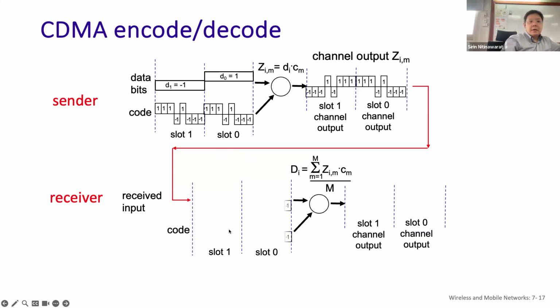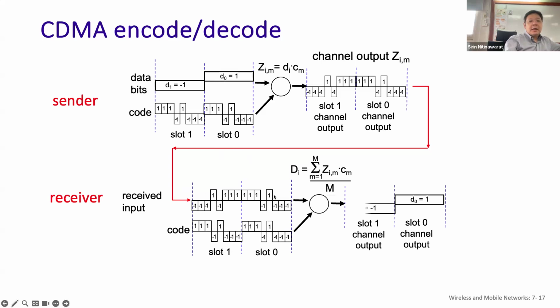So the receiver will do the inner product of the received signal with the same chip sequence before doing this thresholding. And you can see in this picture, because of the sign flip, when you do this inner product, you get the original signal back. This is not hard to see at all.